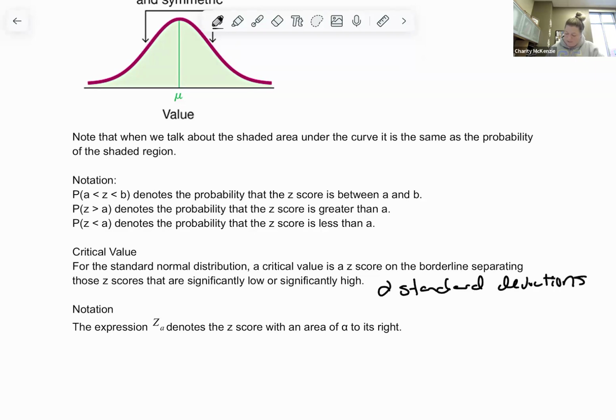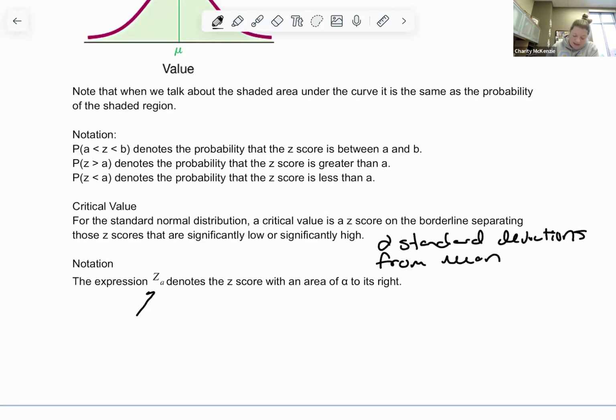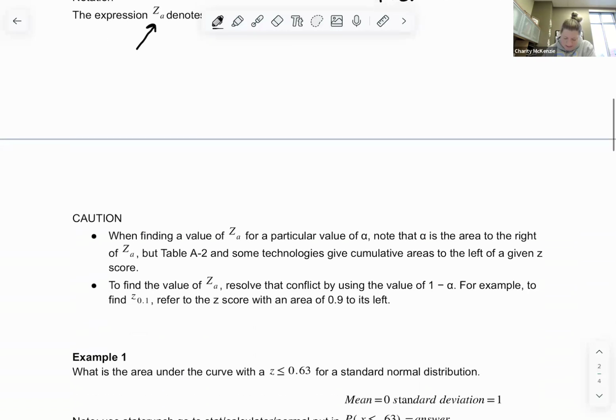Two standard deviations from the mean is where you get that significantly high and low, right? Notation. We have this notation that has the little symbol down here, and that means the area to the right of whatever number's there. So we'll see that notation come in a little bit.